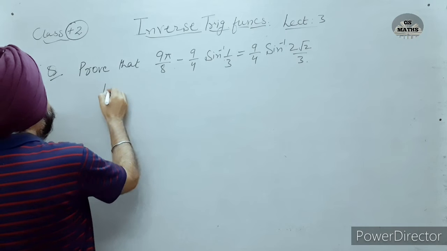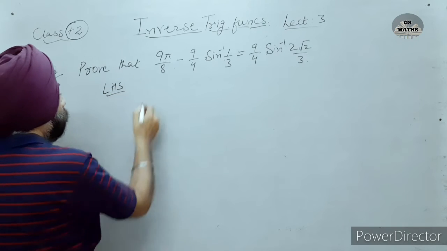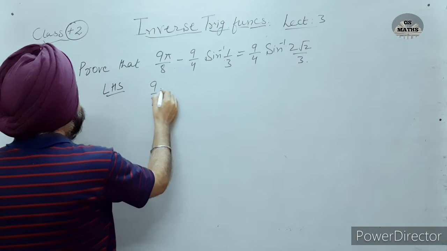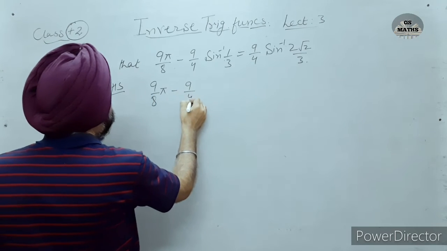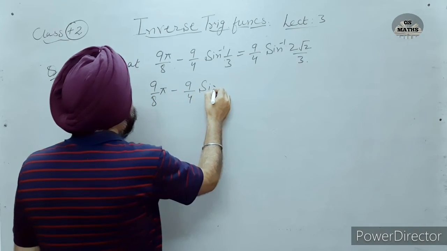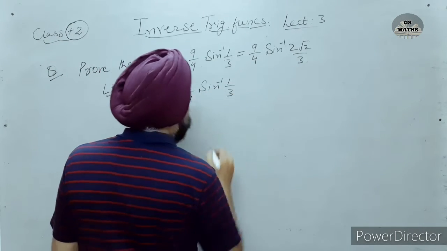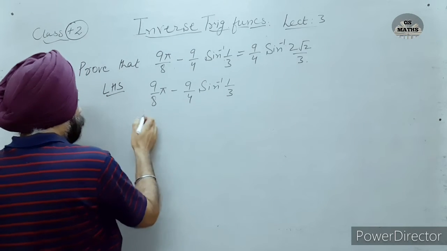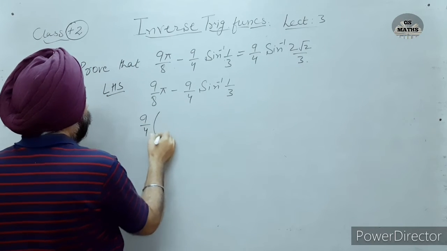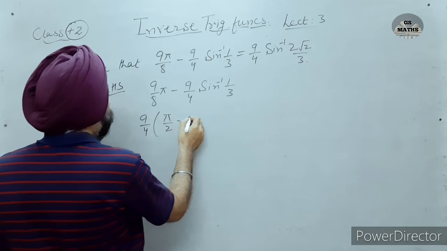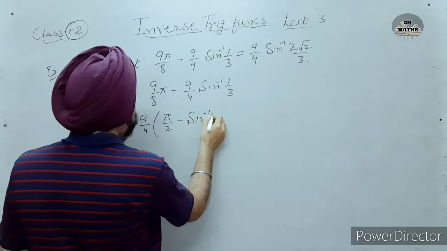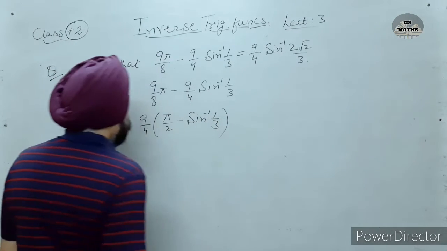Now take the left hand side, 9 upon 8 pi minus 9 upon 4 sine inverse 1 by 3. Now 9 by 4 is common, I get pi by 2 minus sine inverse 1 upon 3.